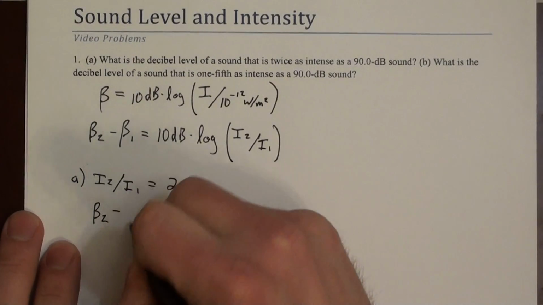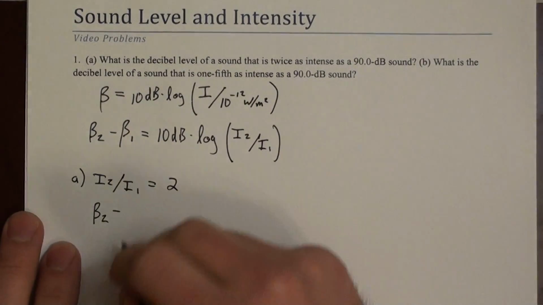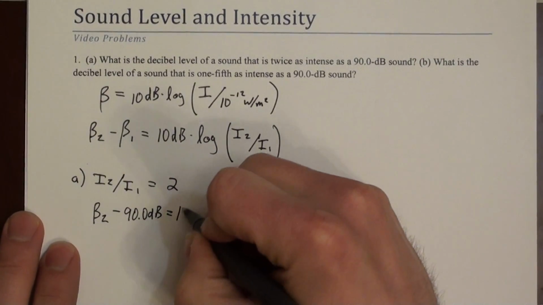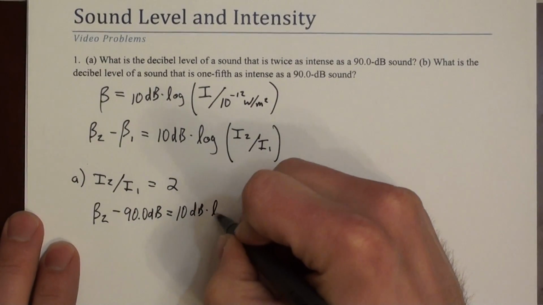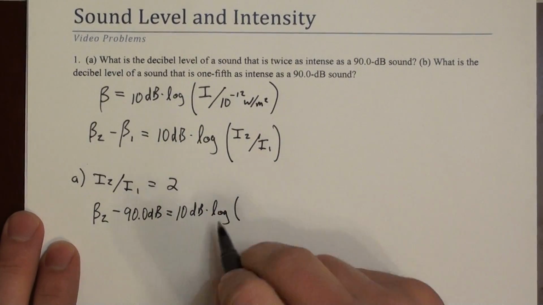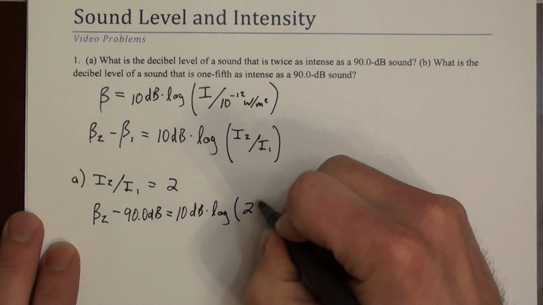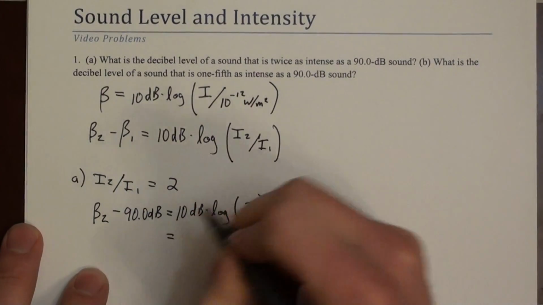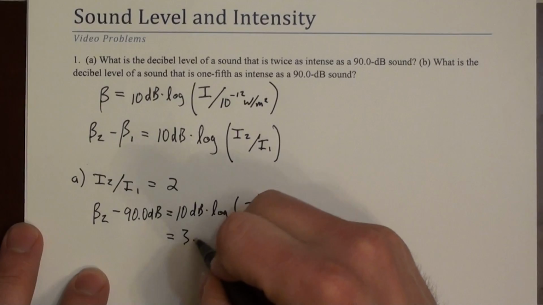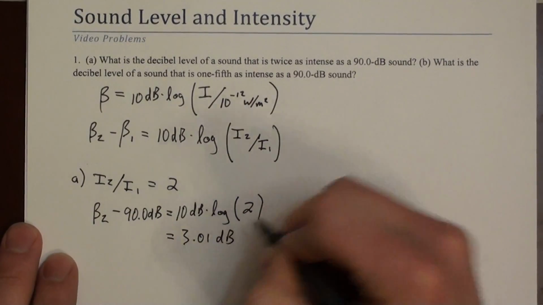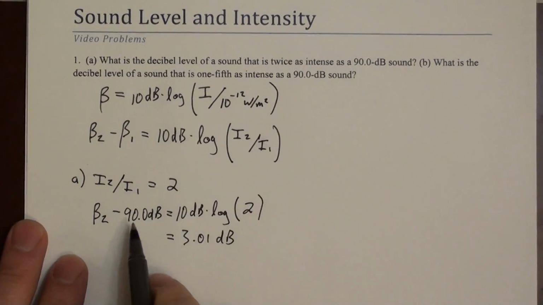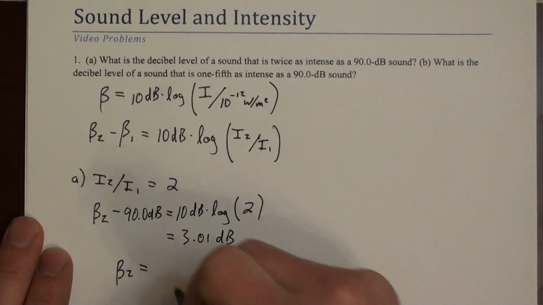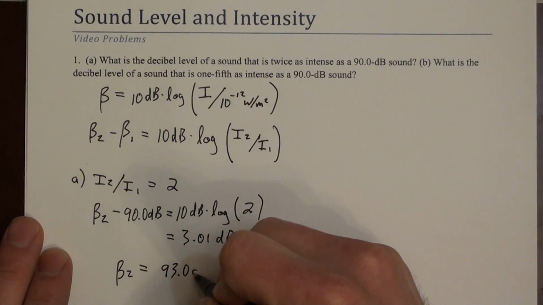Beta 2 minus beta 1, our original, that's 90 decibels, equals 10 decibels times log of I2 over I1, which is simply 2. If you do the right-hand side here, what you get is 3 decibels. Then you add this 90 to the other side, and what you get is that beta 2 is 93 decibels.